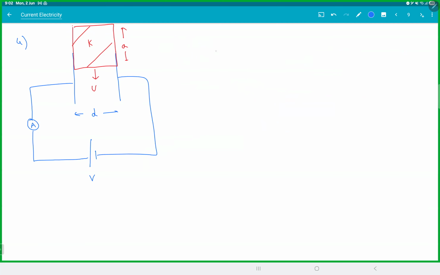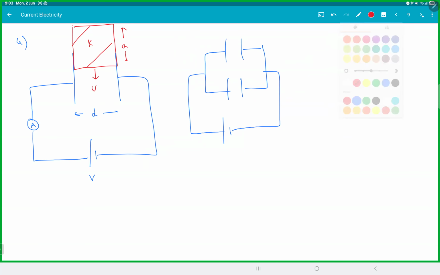So you can treat this as two capacitors. Let's say this thing has gone x inside. This part is filled with a dielectric slab. So this capacitance C1 will be area, which is A into x, K epsilon, the medium has changed, by distance d.